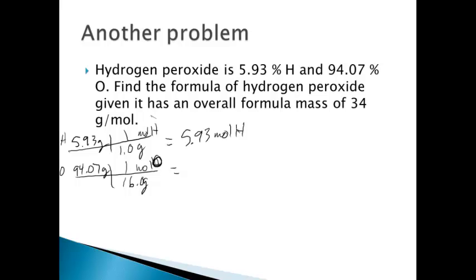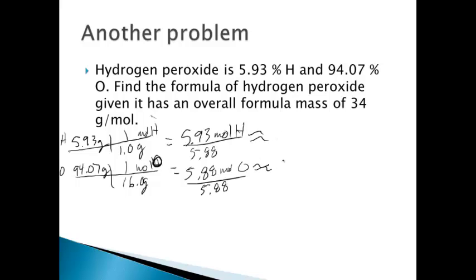Then 94.07 divided by 16, and we get 5.88 moles of oxygen. All right, let's divide by our lowest number, which is 5.88.